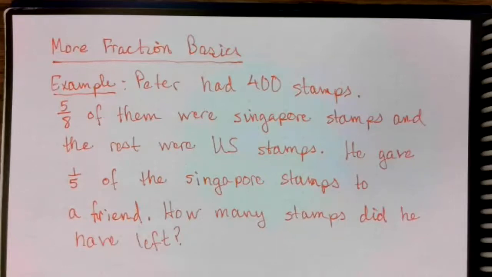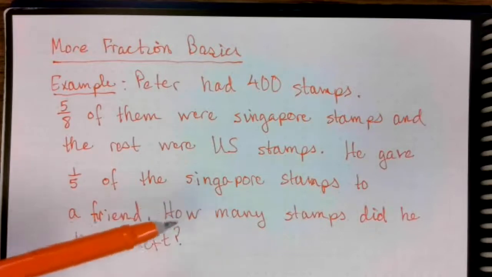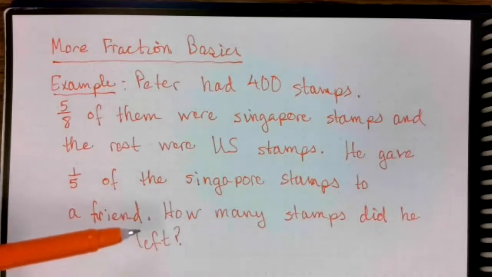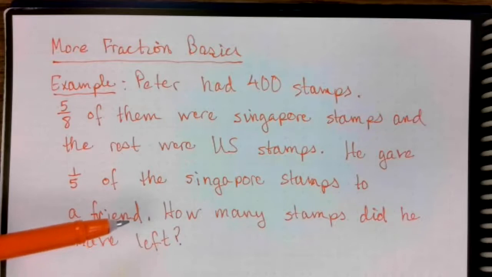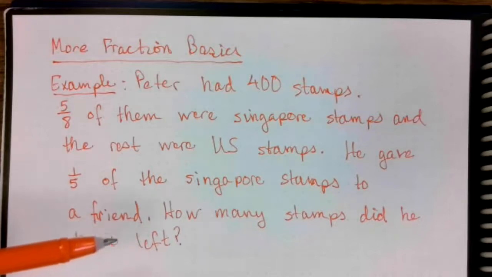So let's kind of strategize a little bit. Let's think about it before we even draw the diagram, so that we can draw a diagram that illustrates the steps. What do I have to figure out before I can answer the question at the end? We have to work kind of backwards. At the end, I'm supposed to figure out how many total stamps are left.